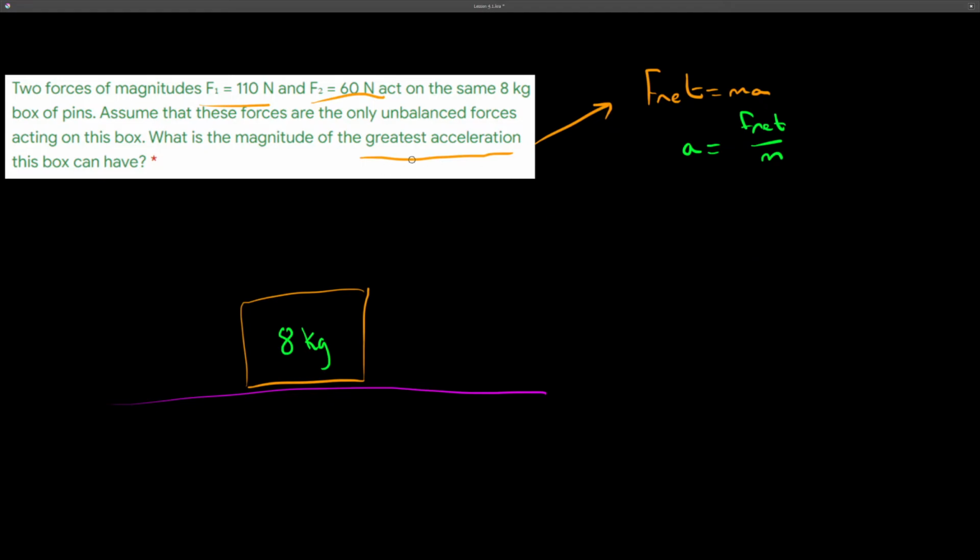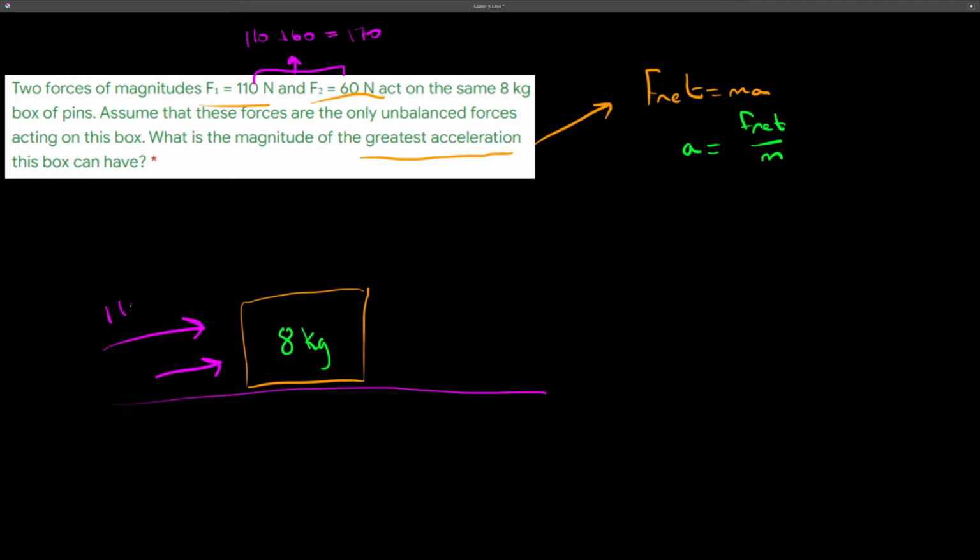If I want the greatest acceleration, I have two forces, and if I add these, it's going to give us the greatest F net. But if I subtract them, it'll give me a smaller F net. So to get the greatest acceleration, I should add the two forces, so both forces are acting in the same direction.